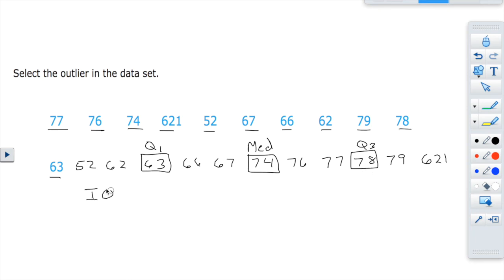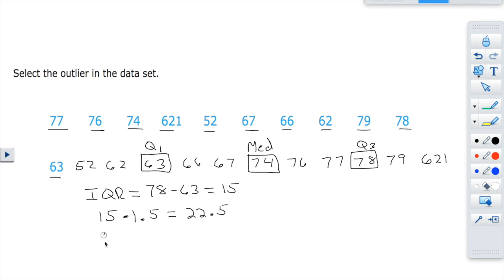First do IQR. IQR is 78 minus 63, which is 15. Multiply your IQR by 1.5. We always multiply by 1.5 so we can help calculate our fences. So that is going to be 22.5.